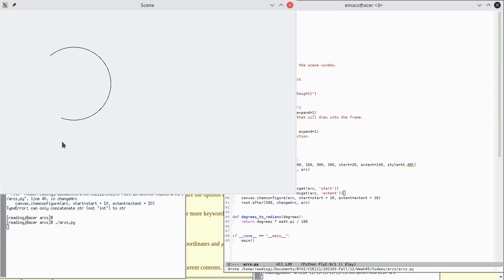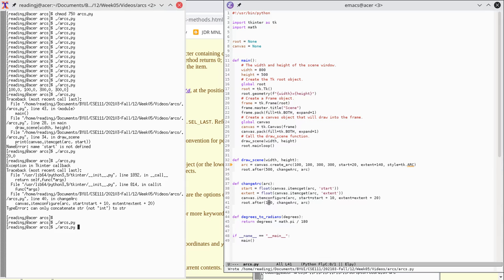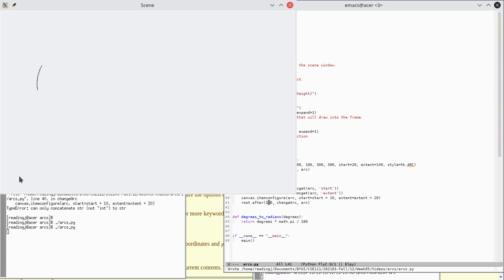That wasn't exactly what I expected to happen, but all right. So by changing the start and the extent at different speeds, we get a snake that's chasing its tail, except it disappears when they intersect.